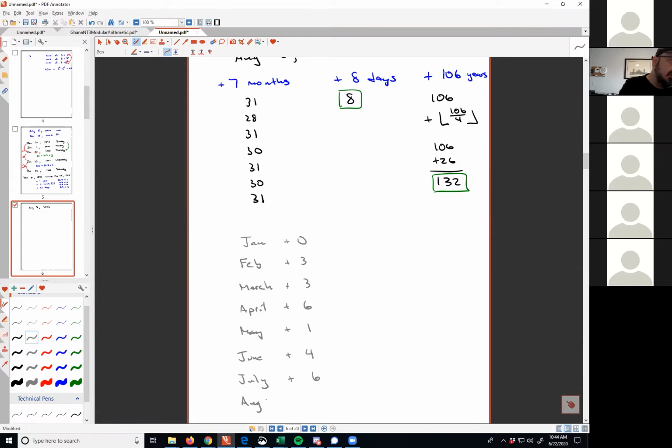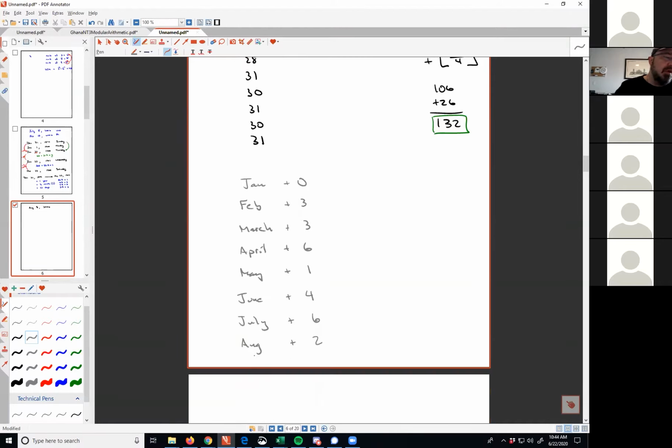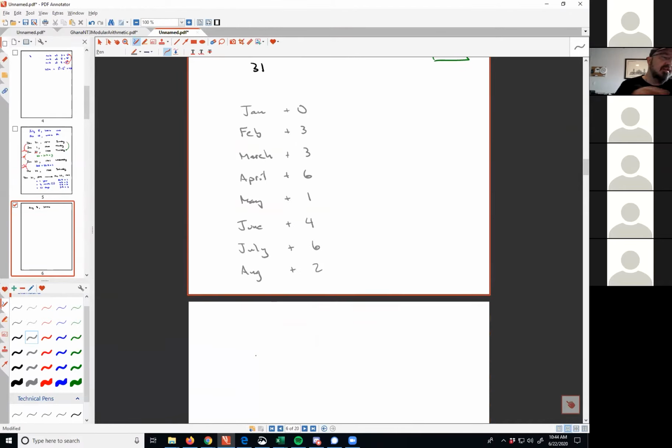And then August, July had 31 days, so August has 3 more than 6, which is 9, but I'm just going to call that 2. And if you want to see the whole calendar list, I'll keep going here. September plus 5, October 0, November 3, and December 5.